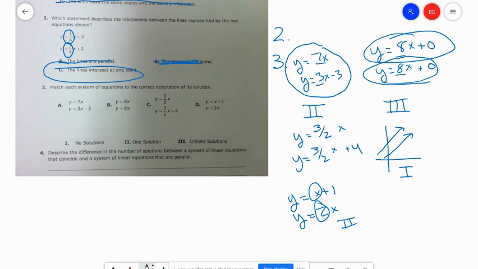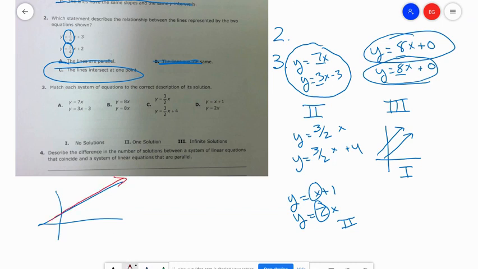Now it says right here to describe the difference in the number of solutions between a system of linear equations that coincide and a system of linear equations that are parallel. Okay, in this case, coincide means the exact same line. I had to figure out what it was talking about.